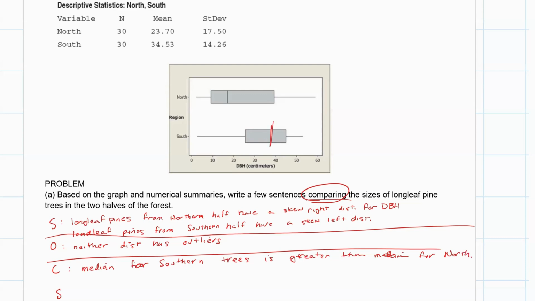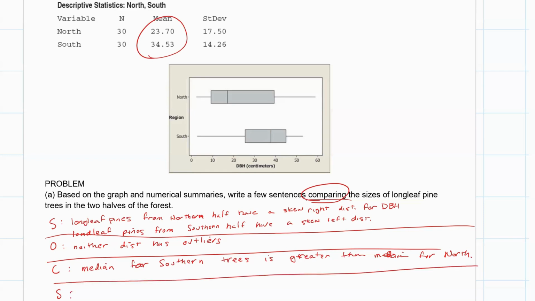Now, I used median because it was easy to see from the box plot. I could have used mean and come to the same conclusion. I chose median. And then what about the spread?